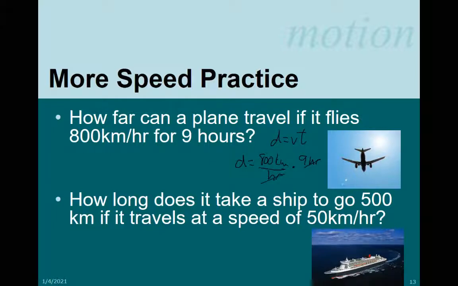Hours cancel, leaving us with kilometers, which makes sense. That is the unit that we would use when we are looking at distances. All right. And if we solve it, hopefully you came up with the same answer I did. When I did the math here, I ended up getting 720 kilometers.